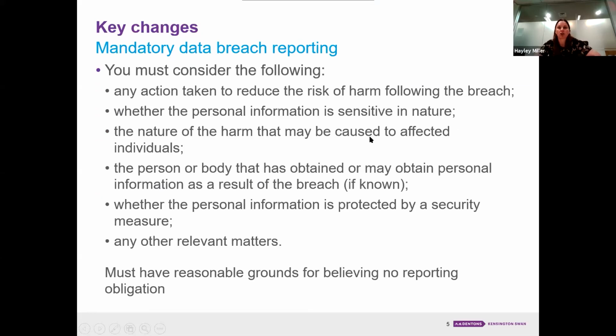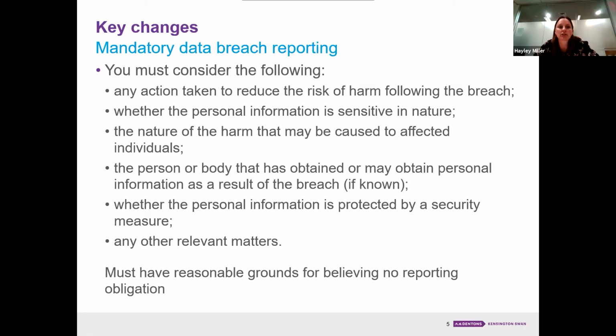So in terms of considering that serious harm, what do you have to think about? And the Act does usefully have a list of things. If you are able to take action, obviously to reduce the harm, you should do so. And that action does play into the question of whether or not you're reporting. The sensitivity of the information, what harm could be caused, who has the information.